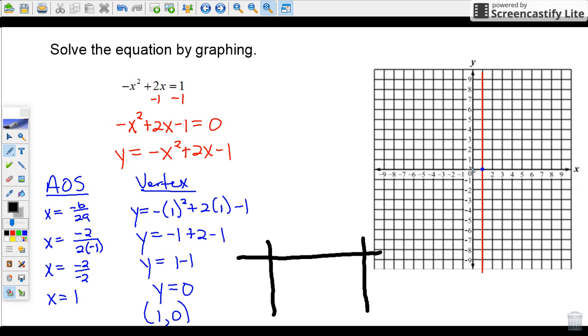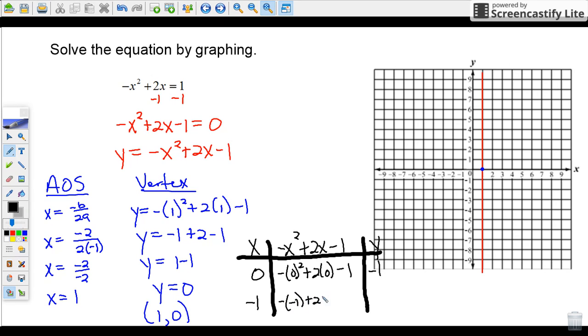I'm going to choose 0 and negative 1 for x. When I plug in 0, that's the easy one. Both of these are 0, so it's negative 1.